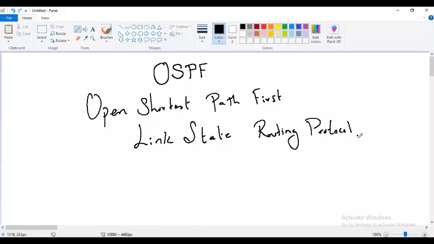OSPF advertises link state information, link status information, that helps the routers to know about the complete connected links, the complete topology.